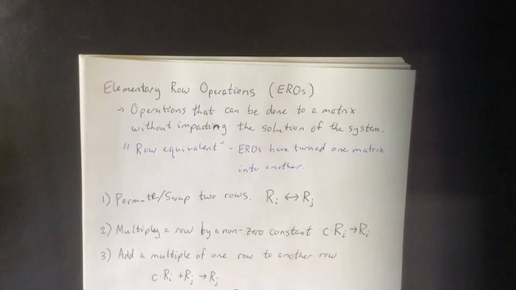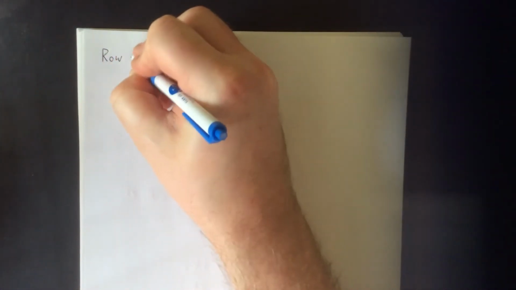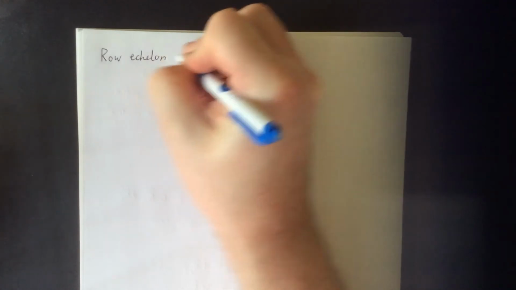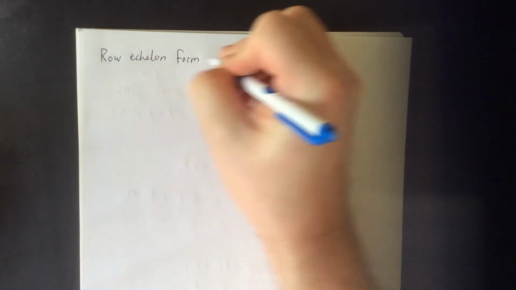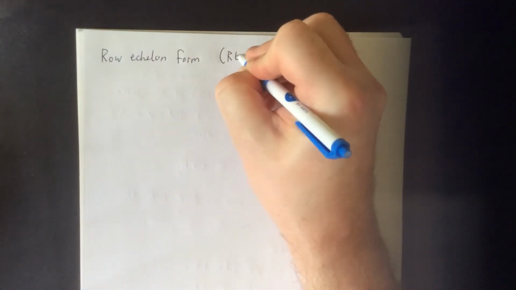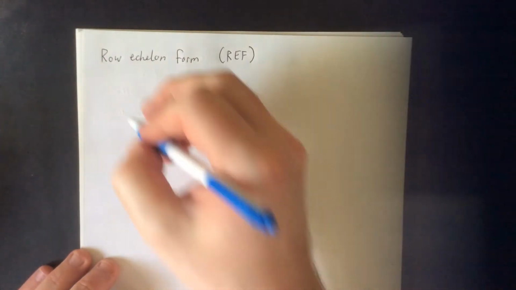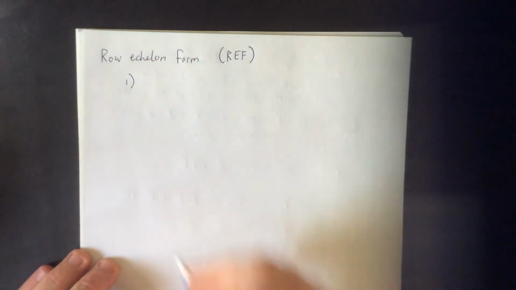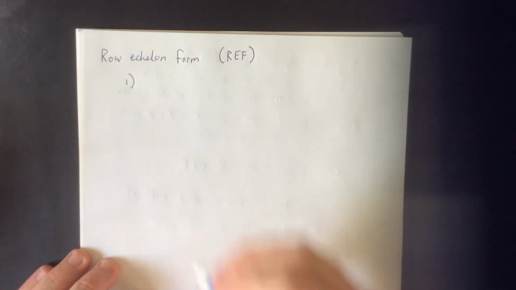Now, with that in mind, we use these elementary row operations in an attempt to get a matrix into what we refer to as row echelon form, or REF for short. A matrix is said to be in row echelon form if all of the following are true.